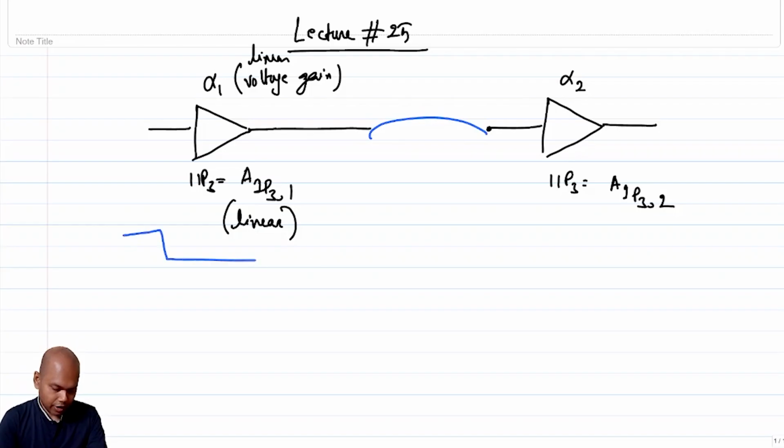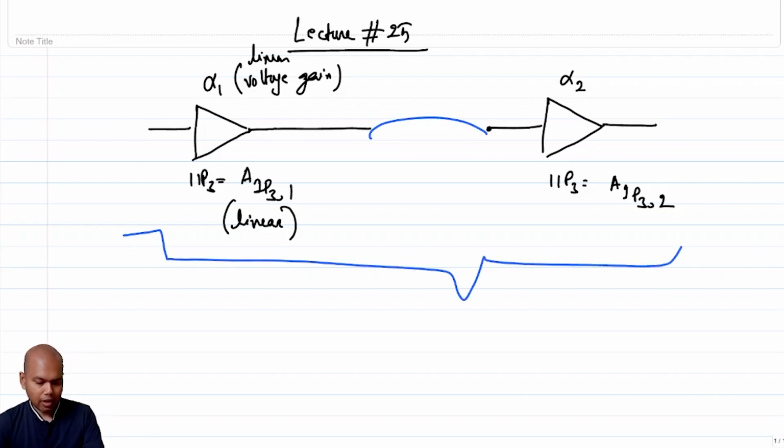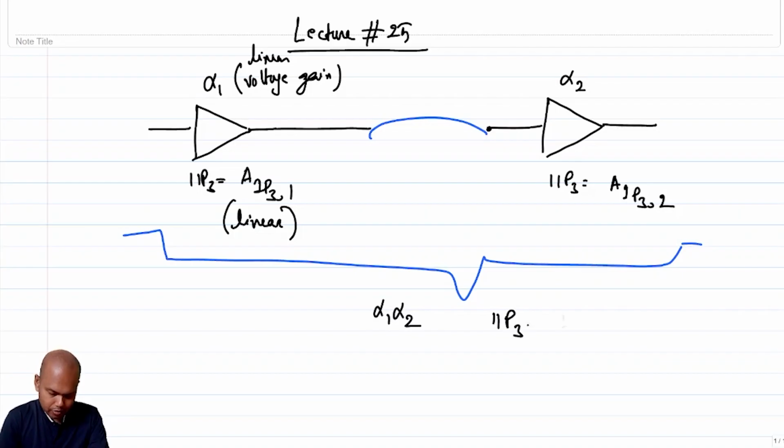I'm interested in finding out what is the AIP3, or the IIP3, of this entire block. The easy thing to find out is the linear gain. The linear gain is alpha 1 alpha 2, but what is the IIP3? This is what I am after.